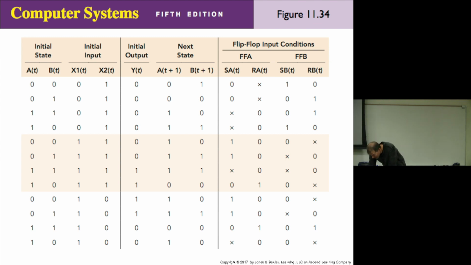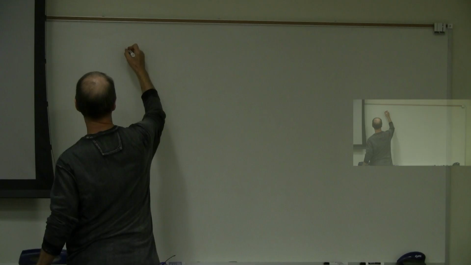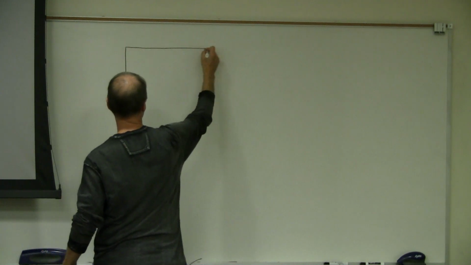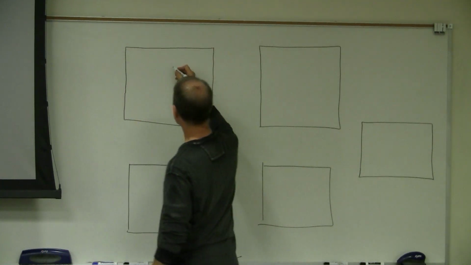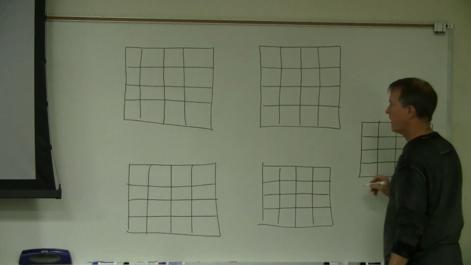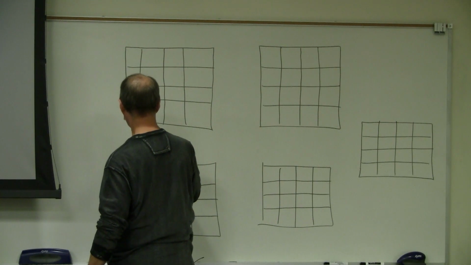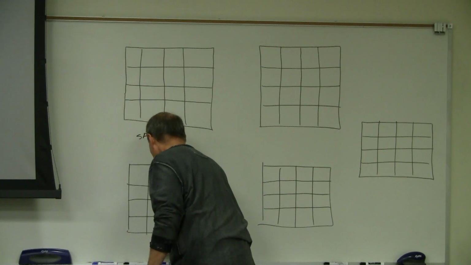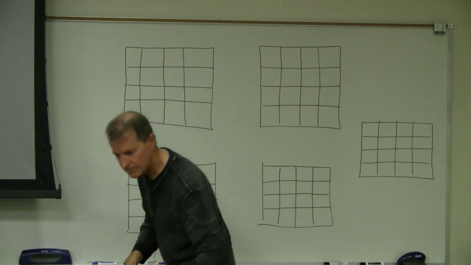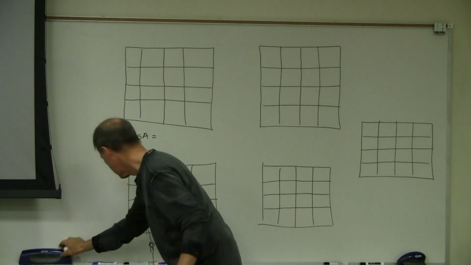So let's do, let me see the order. SA, RA. Okay, so let's do SA, again, no peeking. Here's all our Karnaugh maps. We'll do it across.